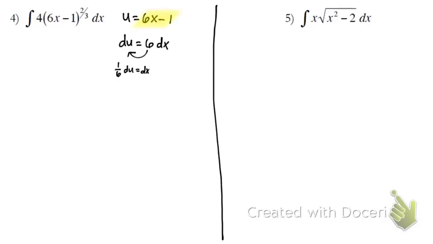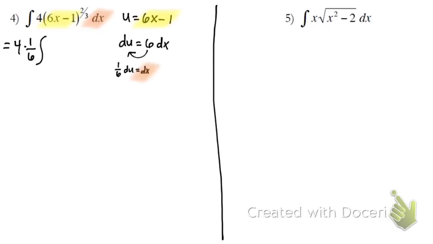If we start to do some substitutions, 6x minus 1 is going to get replaced with u. Dx is going to be replaced with 1/6 du. And then the only thing that's left really is this 4. So again, I'm going to pull that 4 out front. So I'm going to write it as 4 times, remember the 1/6 is a constant multiple, so it's also going to get pulled out front.